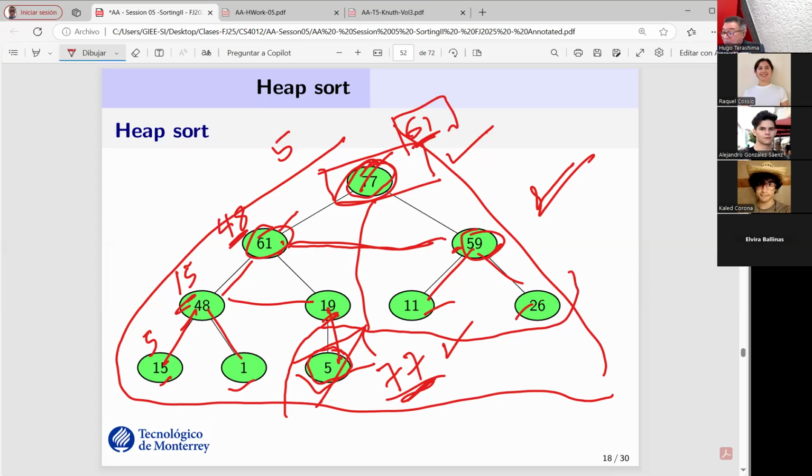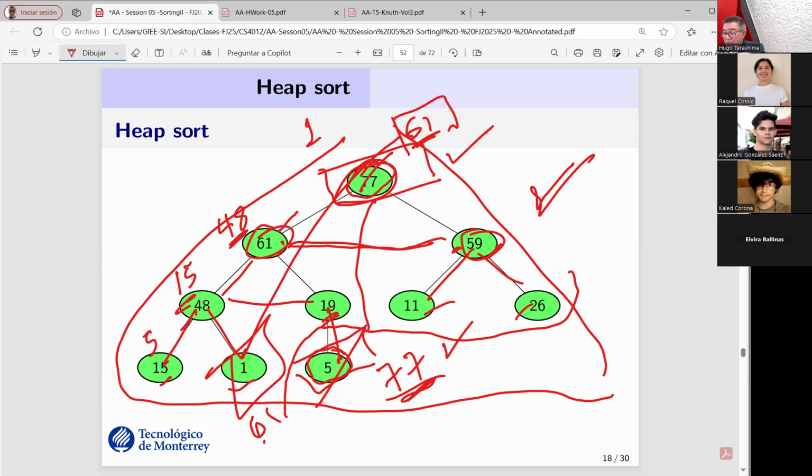So there's a cycle now. 61 is here. And then you're going to put in the 1 and put it in the right position. And so on. So there's a cycle.